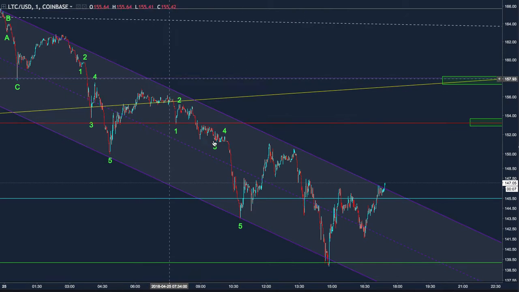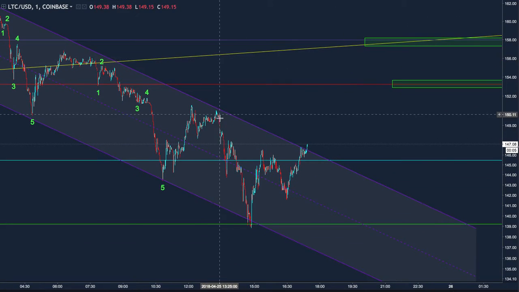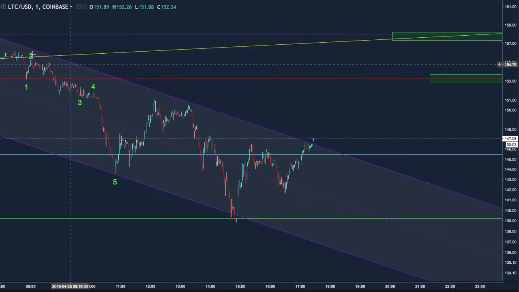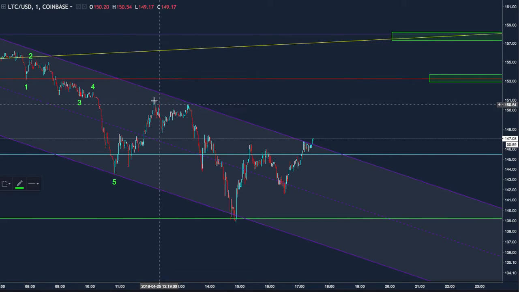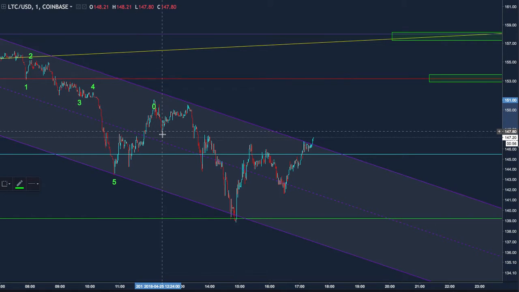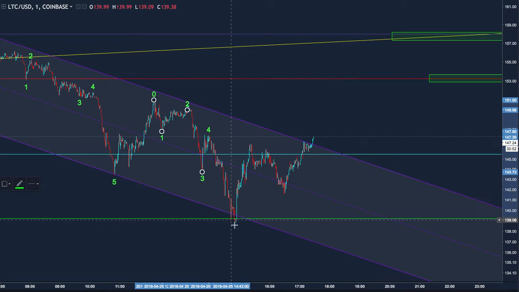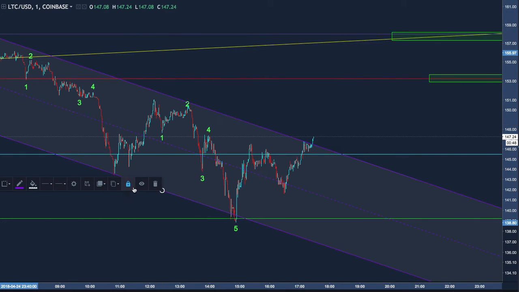So we have 1, 2, 3, 4, and then coming down here we have a very clear 5 waves as well. Let's go ahead and label that. And here's 1, 2, 3, 4, and then another extended 5 down there.